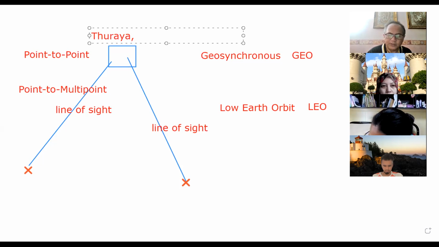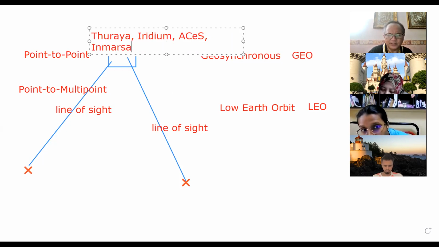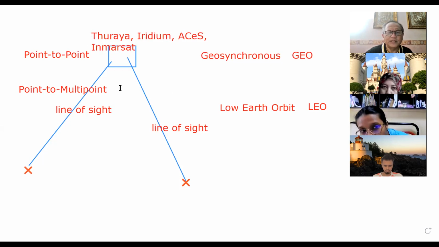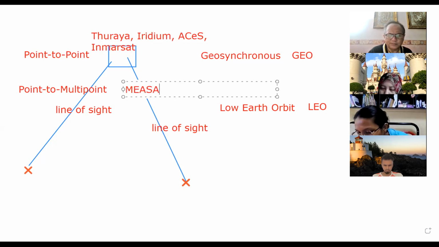We have Iridium. We have Asia Cellular Satellite. We have Inmarsat, International Maritime Satellite. Point to multi-point satellite examples: we have Measat. We have Palapa. We have Koreasat. We have Kazaksat.